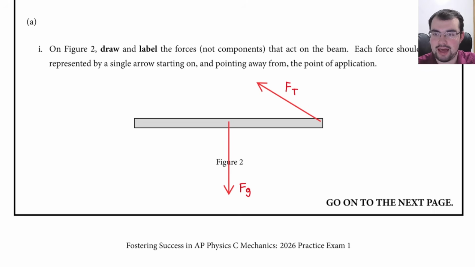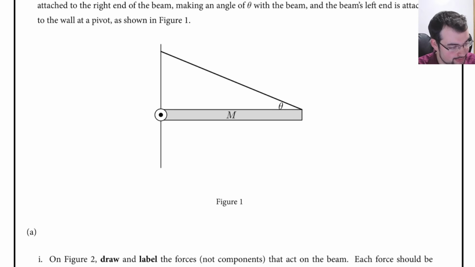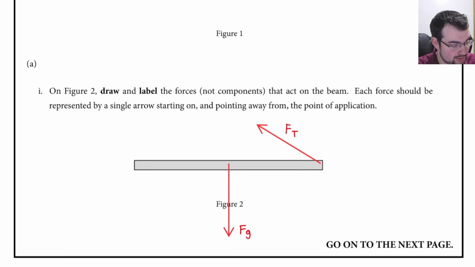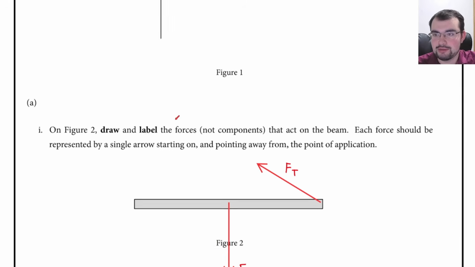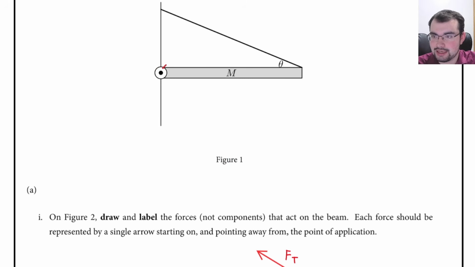And this is where a lot of people stop, but it's actually not full points. Because remember, this beam is in equilibrium. If I look at my diagram, there's no way this beam can be in equilibrium because the tension force is pulling it up and left. So there must be some other force that keeps it in equilibrium. And if you remember, what often happens with these static equilibrium problems is your object is connected to something.